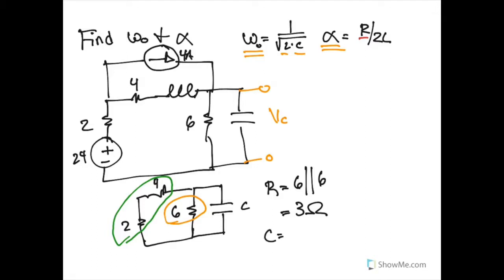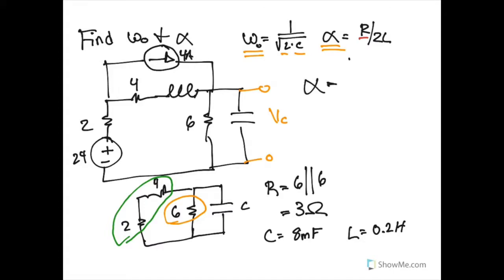From our previous slides, we saw that C was 8 millifarads and L was 0.2 henries. And so now we have enough information to calculate our resonant frequency and dampening parameters.